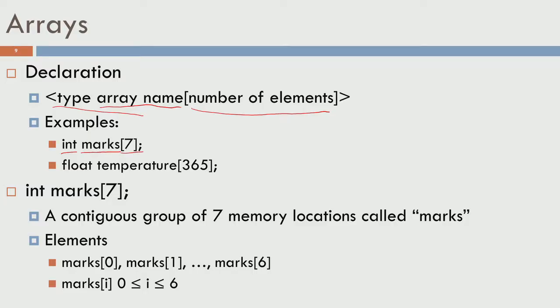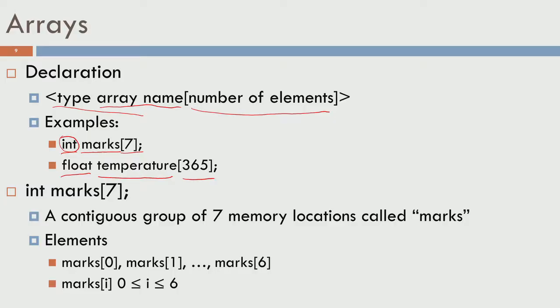In this case marks is an array of size 7 and they are all integers. The key thing is, remember, this is an aggregate data type of type integer here. Similarly, in this line we have temperature, which is an array of 365 elements, and the values that it can contain are floating point values.